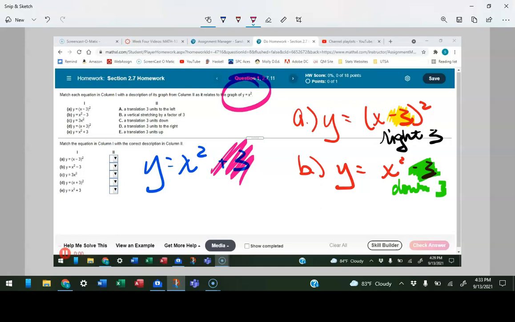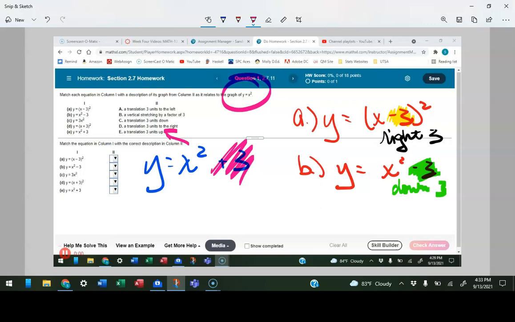So that plus 3, is it attached directly to the x? No, there are no grouping symbols. It is attached to an x squared, but not directly to an x. If you're looking for it to be directly on an x, you're going to have some grouping symbols involved. So this tells me to go up 3 units. If it's just hanging off on the end, then it's an up, down, and you do what it says.